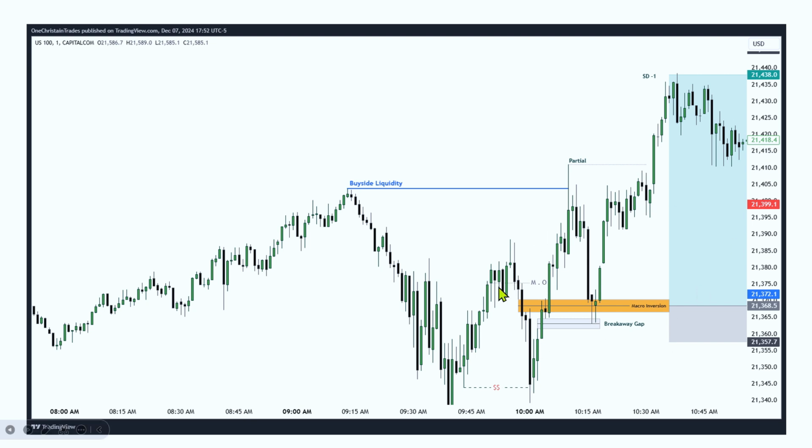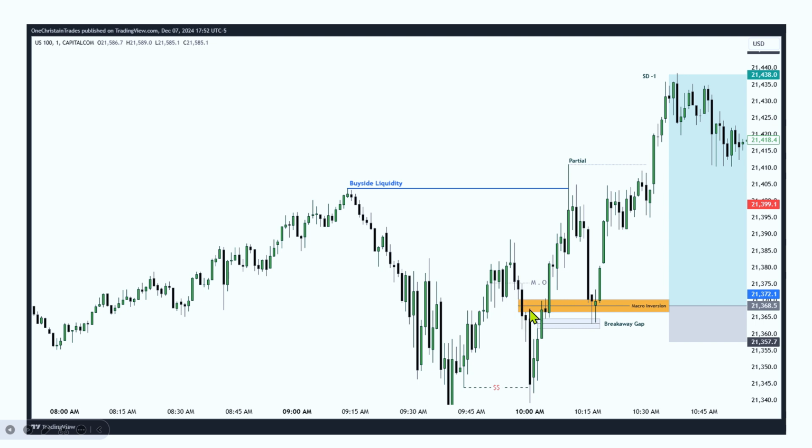So looking at this macro time right here, you can see macro opening price. We had a delivery below macro opening price. When we are looking for buys, we take out a short-term sell side liquidity pool right here. As soon as we do that, you can see there's no fair value gap here. We had all this move up higher. Look at this CB. What's happened with this CB?